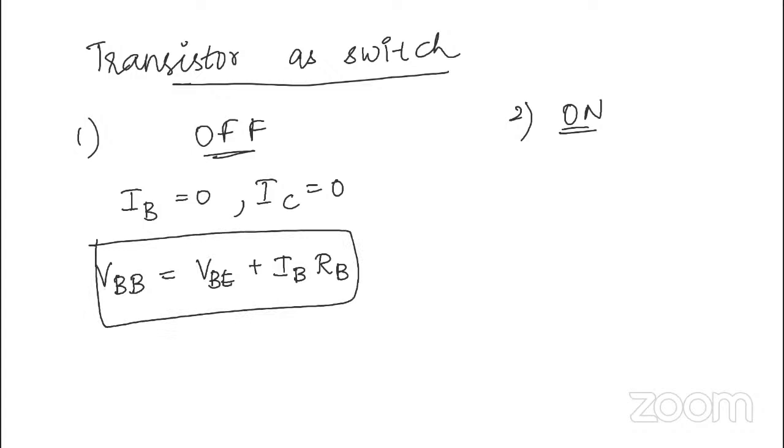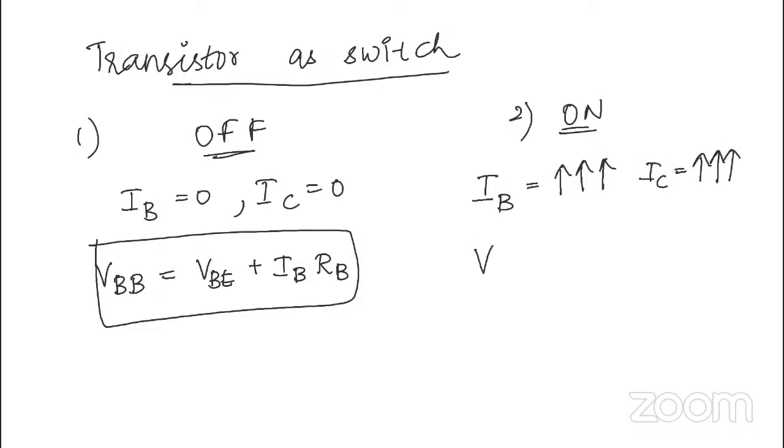Then for the on condition, both values should increase. The value of IB keeps increasing, and the IC value also increases.